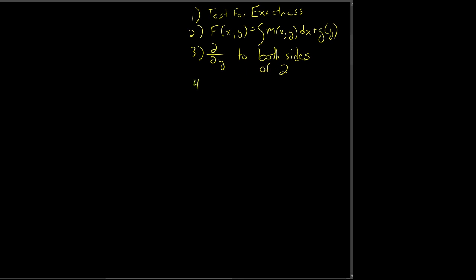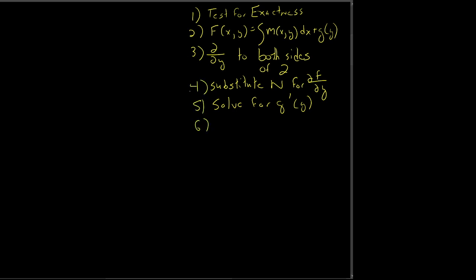What comes out of 2 above? And then substitute n for df dy. Solve for g prime of y. I'll make these separate steps so I can number them out, even though really I see all of this as one step. 6.